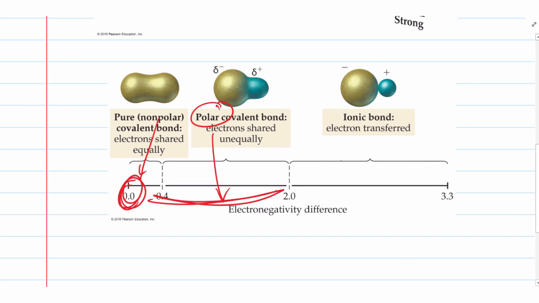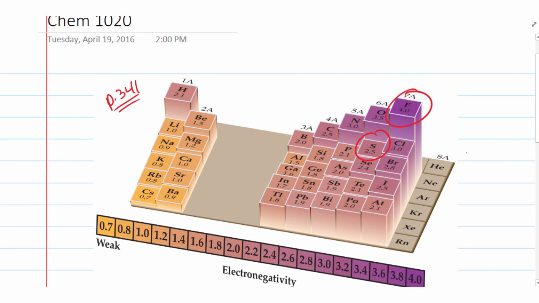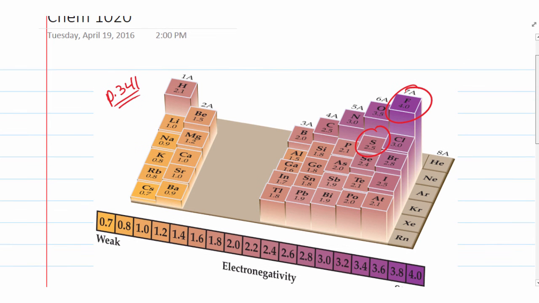And then if the difference is really, really large, then it's going to be an ionic bond. And the only time we have a really big difference between them is if we combine a metal with a nonmetal, and all along we've talked about them as being ionic bonds anyhow when we combine these metals with the nonmetals.